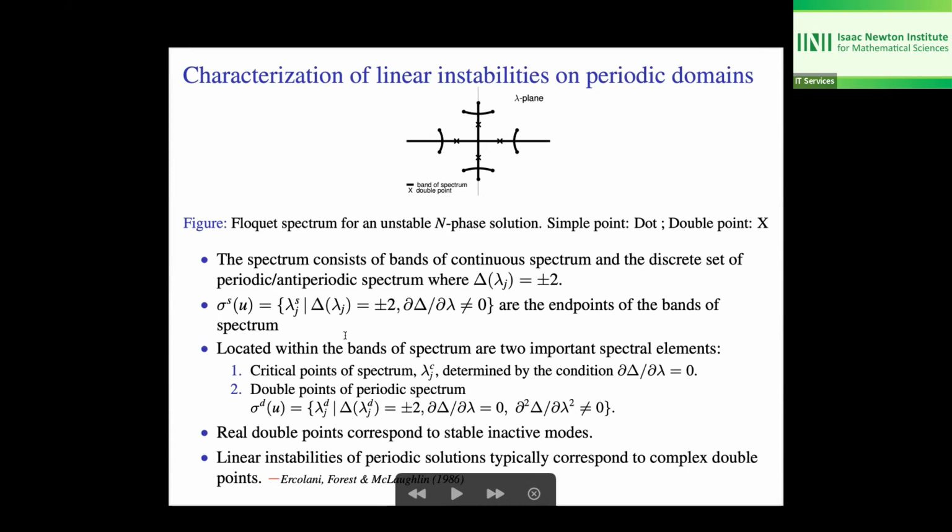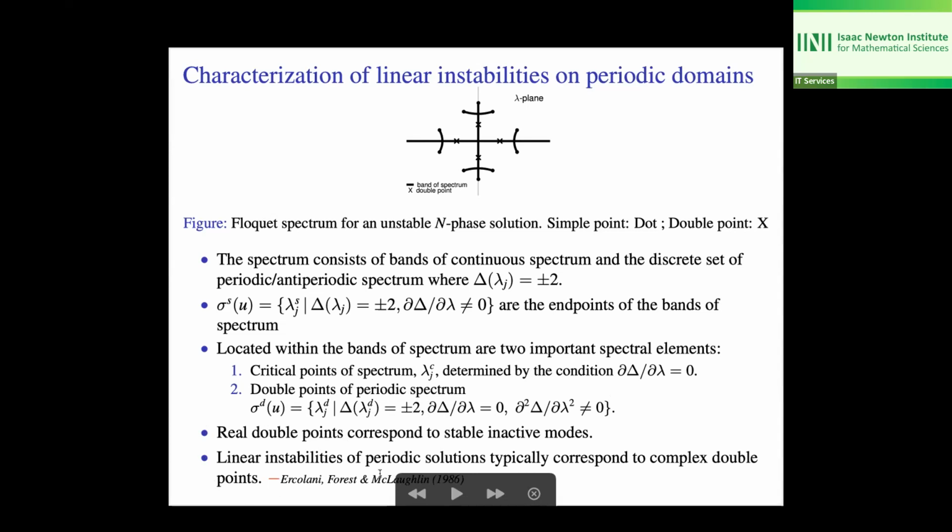And located within the bands of spectrum are two important spectral elements. You have the critical points of spectrum, which are determined by the condition that d delta d lambda is equal to 0. And you also have the double points of the discrete spectrum, where these are degenerate elements of the discrete spectrum. And so there's an important difference between real and complex double points.